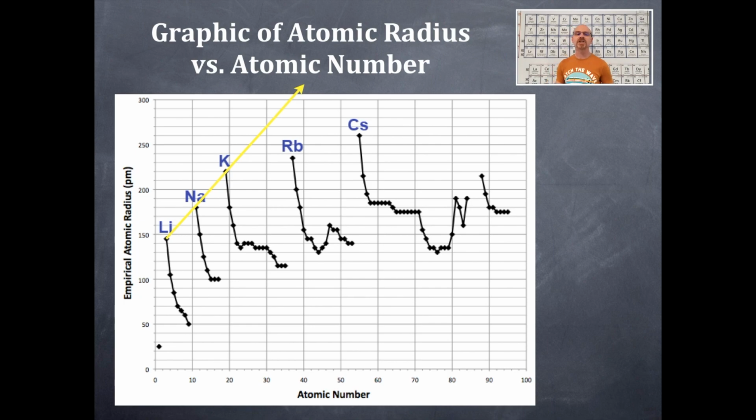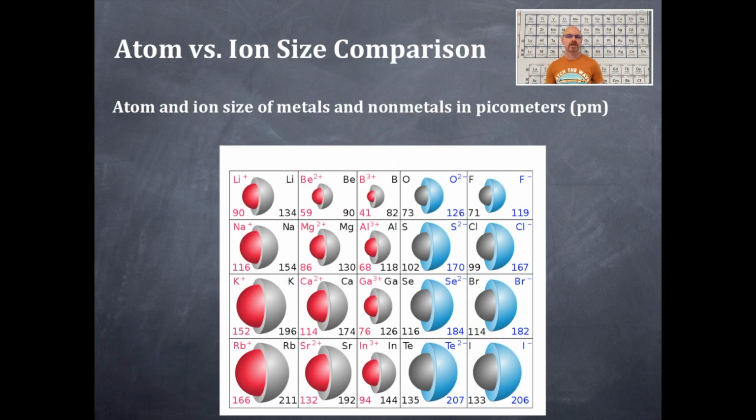Okay, now we're going to talk about atoms and ions and their size difference between those. You should have already had a lesson on atoms and ions. The difference between an atom and an ion is the number of electrons either gained or lost. So I want you to look at this diagram right here, and you should see red, gray, and blue colors.